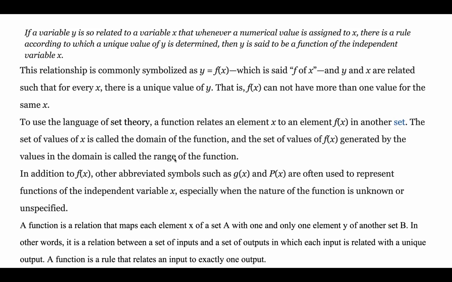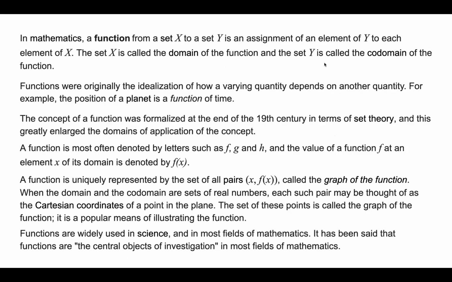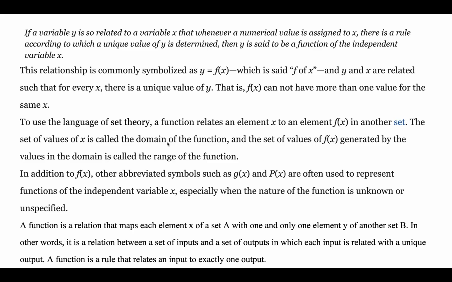Here we have seen that it is called the codomain, but it can also be called the range. In addition to f of x, other abbreviated symbols such as g of x and p of x are often used to represent functions of the independent variable x, especially when the nature of the function is unknown or unspecified. When x is in parentheses, it is a function that we can consider.